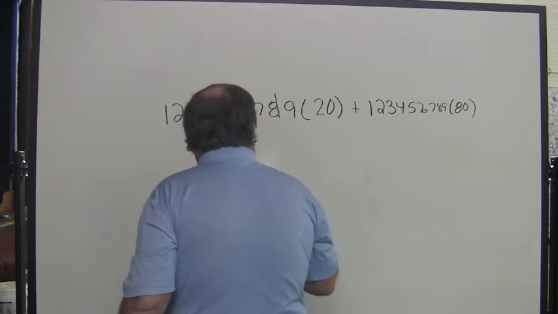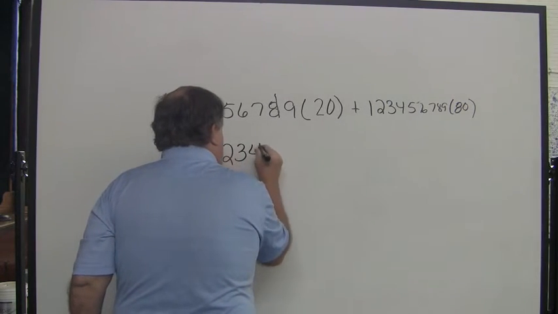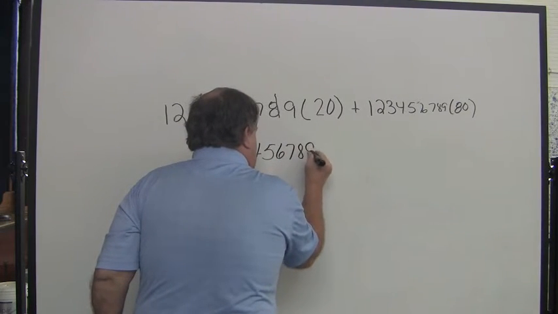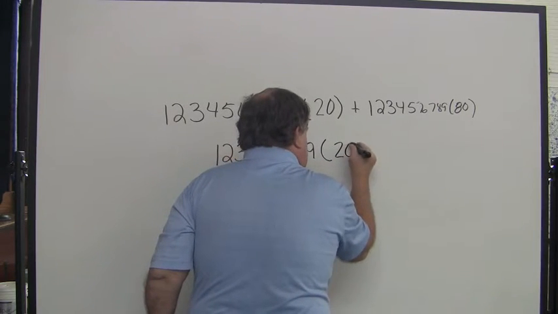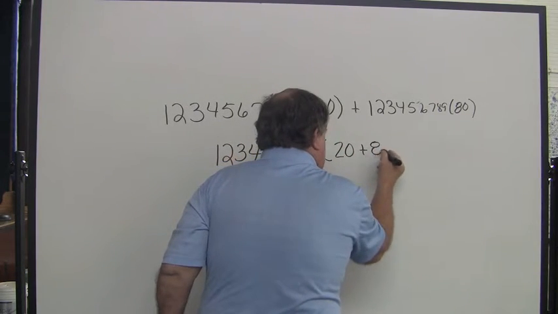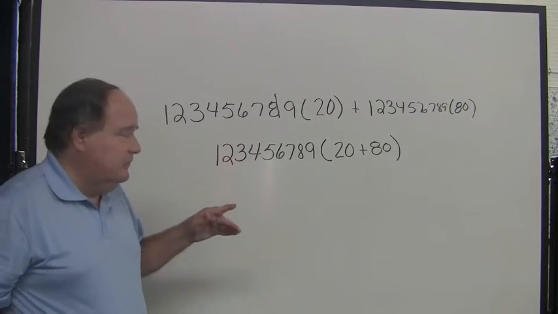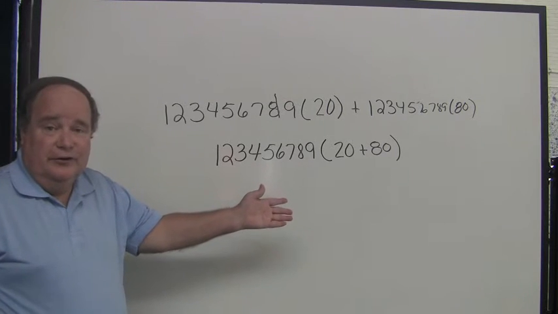But if you use the distributive property, it will make this problem so much simpler. Here's what we'll do. Let's take 1, 2, 3, 4, 5, 6, 7, 8, 9. We're going to multiply that by 20 plus 80. Now I've broken this down into a form that utilizes the distributive property. Well, I know that 20 plus 80 is 100.